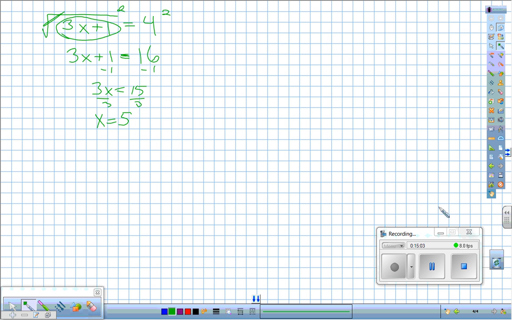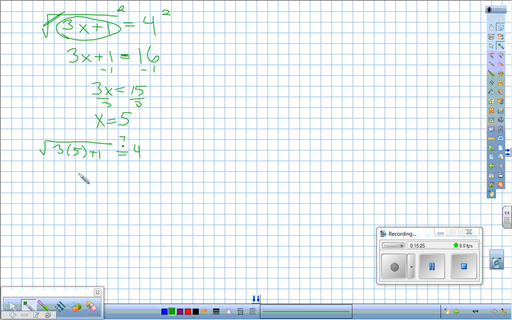I always need to go back and check my answers. When I'm checking these answers, I really don't go from side to side. I forgot to tell you that with the rational ones. I need to basically keep everything on the same side that it was on before. So I'll have the square root of 3 times 5 plus 1. Is that equal to 4?